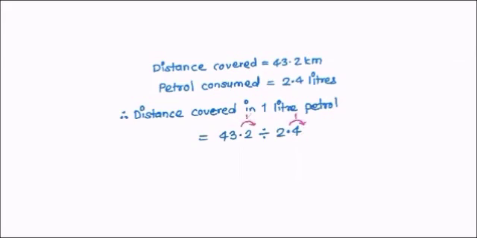So my division becomes now 432 divided by 24. Now it is a direct division. So we can do 24 1s are 24, remainder is 192, 24 8s are 192. So in 1 liter, 18 kilometers can be covered.